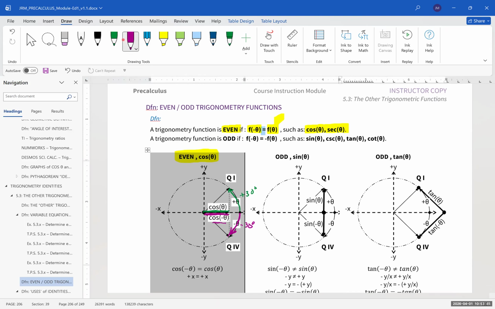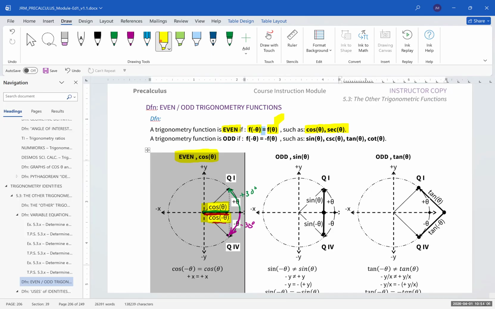And what you can see is that the x value for the cosine of the positive angle is equal to the cosine of the negative angle. They're the exact same length, and they're the exact same positive x value.